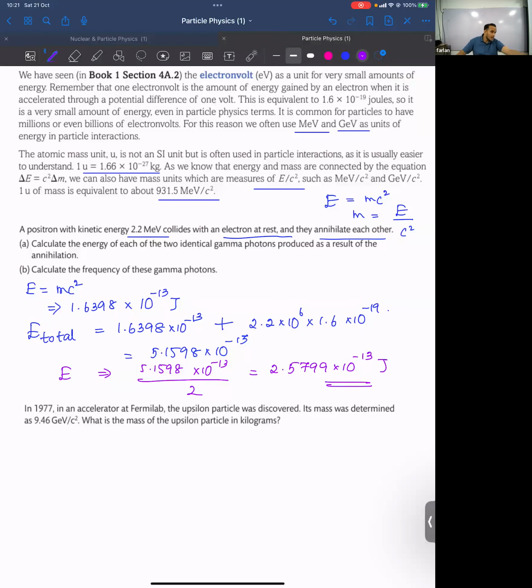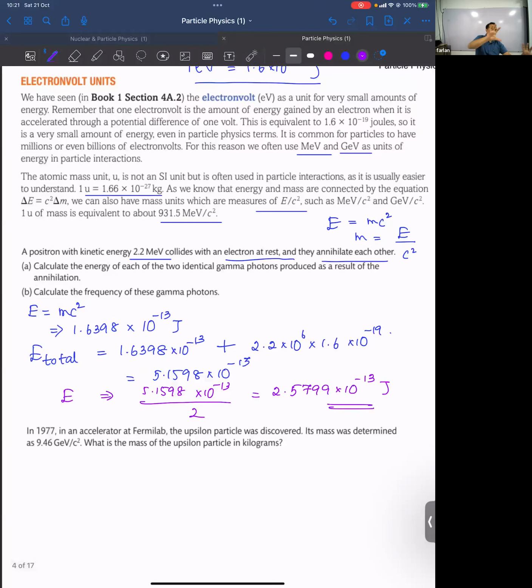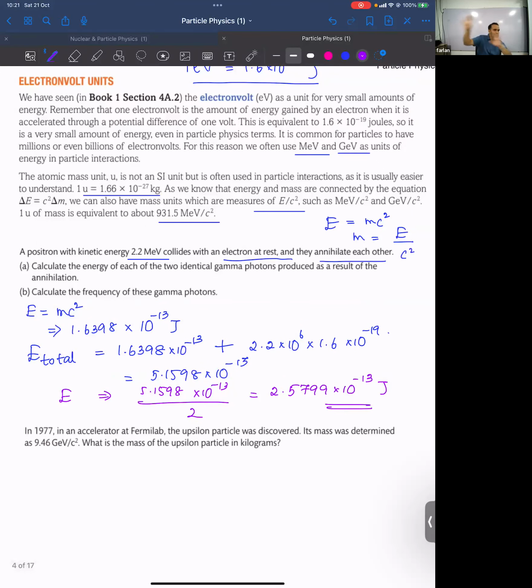And the positron's kinetic energy also gets converted to gamma ray photon energy. The total mass and energy before the reaction will be equal to the total energy after the reaction. That is the theory. The mass-energy combination is conserved. So before this annihilation happens, whatever the mass and energy combined together will be equal to the total energy after.